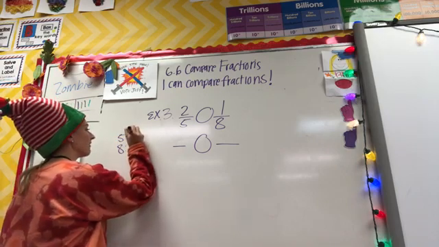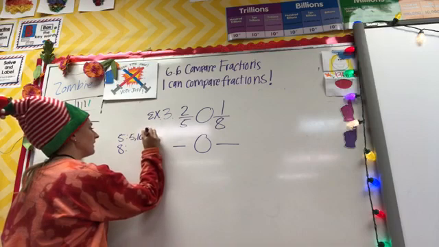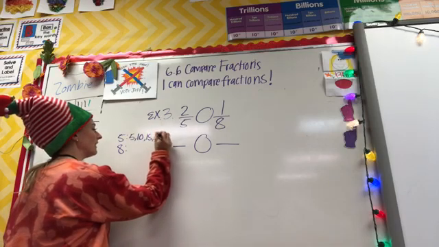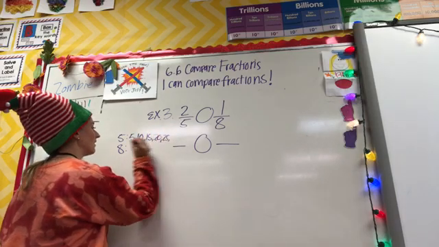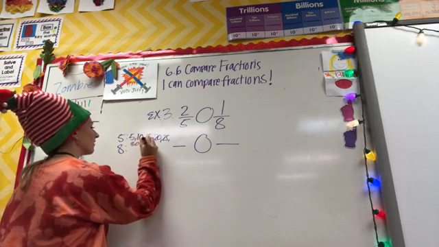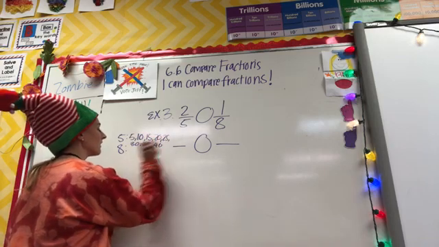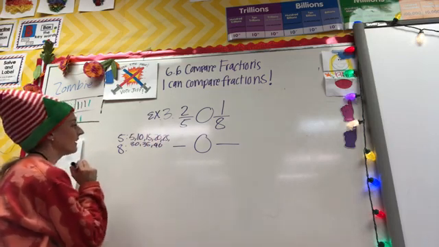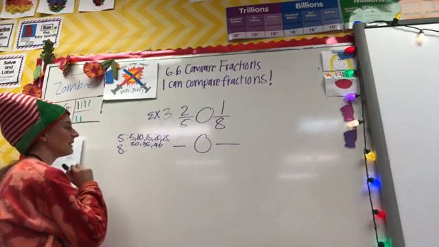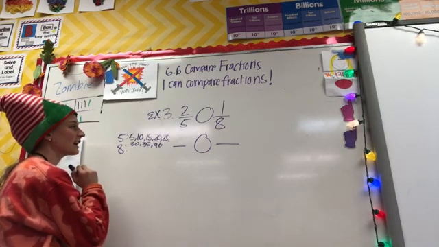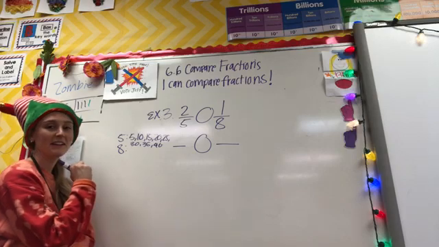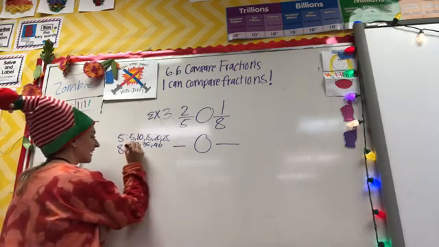So 5, we have 5, 10, 15, 20, 25, 30, 35, 40. Actually, on this one, it might just be easier to do 8 times 5 together. But I'm just going to do it because I'm already here.